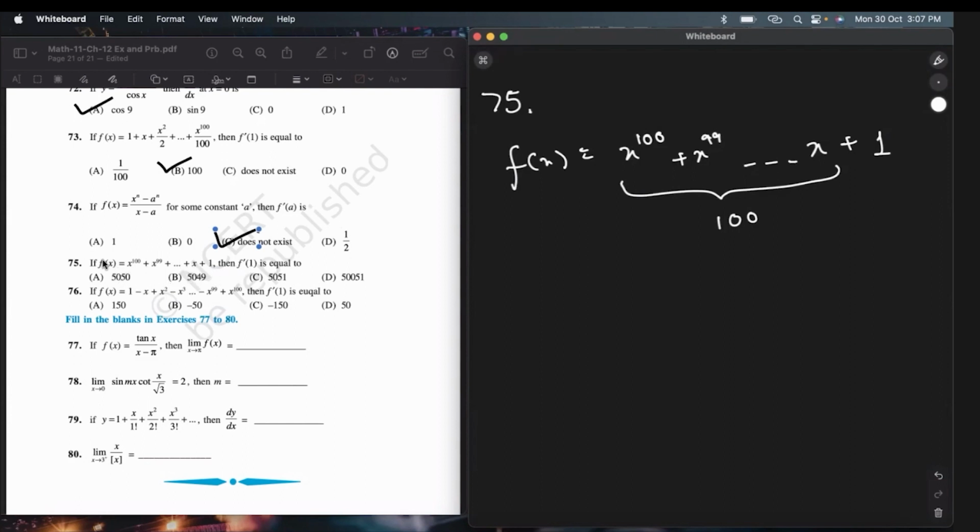So this one is the question. Okay, so if I differentiate it with respect to x, what will I get? I'll get 100 times x to the power 99 plus 99 times x to the power 98, and this will go on till 1. This one will be 0.